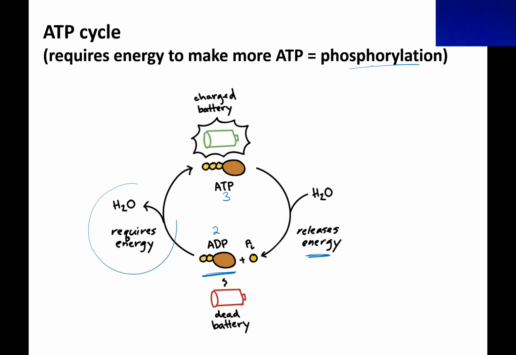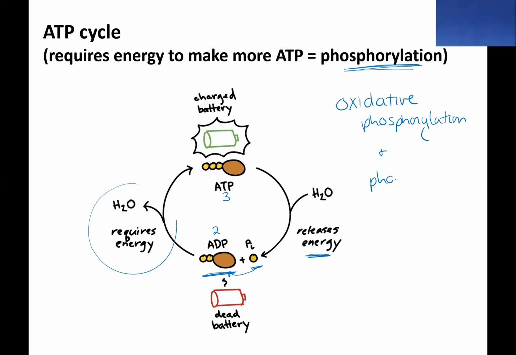And that's phosphorylation. Adding a phosphate group to ADP is called phosphorylation. And we know that we can make lots of ATP 2 ways: oxidative phosphorylation and photophosphorylation.